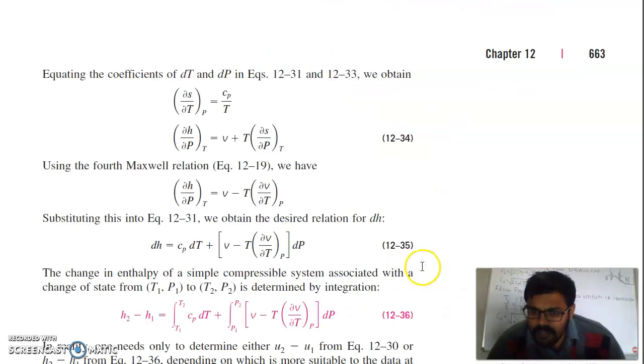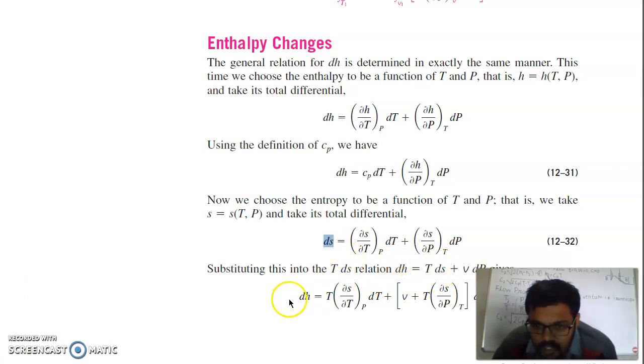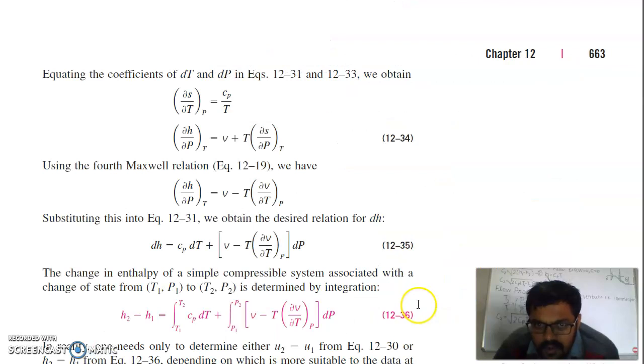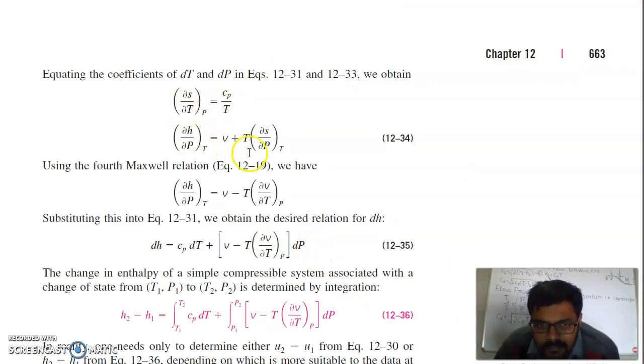We also know from the TdS relation that dH is equal to TdS plus VdP. So when you take the value of dS from here and put it here, you will get this value of dH in terms of dT and dP. Equating the coefficients of dT as well as dP in this equation and this equation, you will get these two equations.